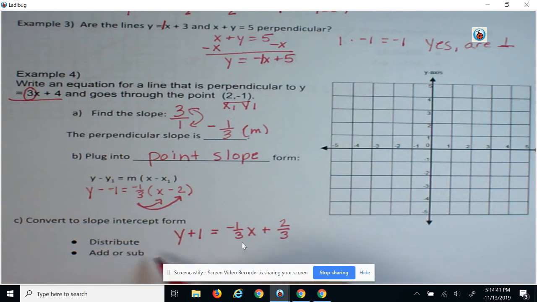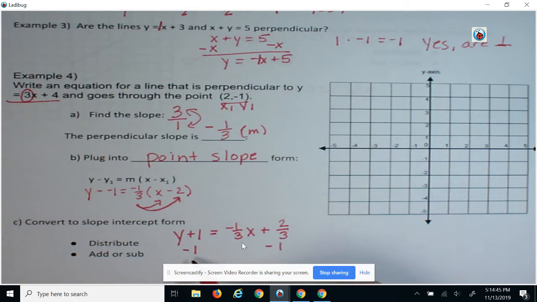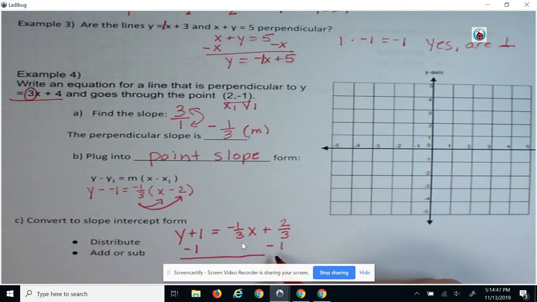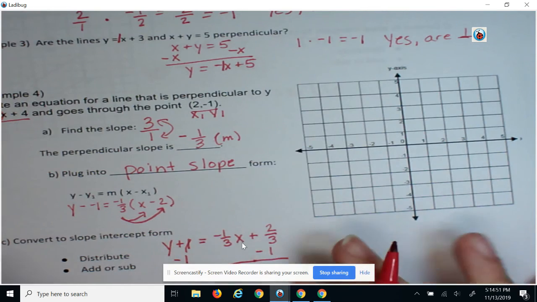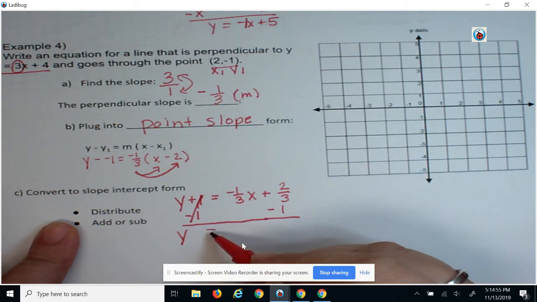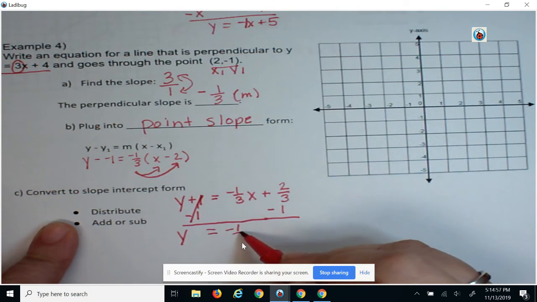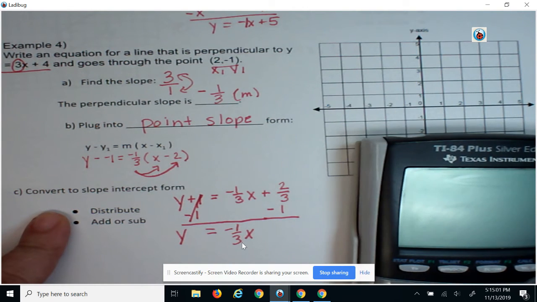And then I'm going to add or subtract that number with the y. So since it's a plus, I'm going to subtract. So bring down my y, bring down the negative 1/3 x, and then 2/3 minus 1.